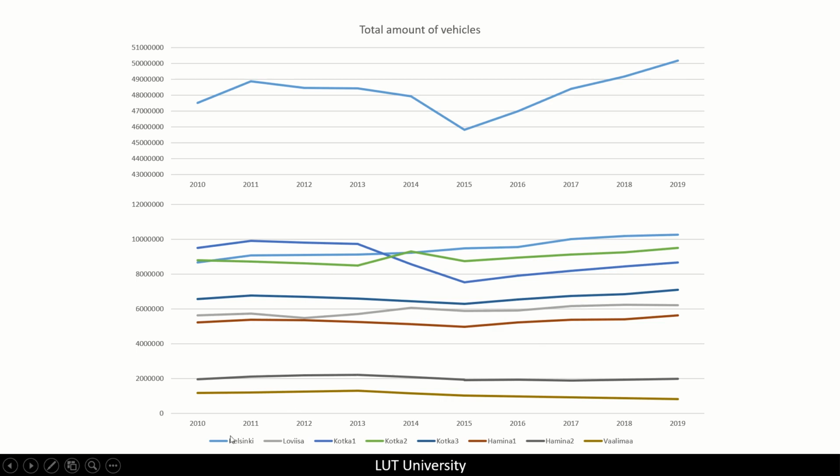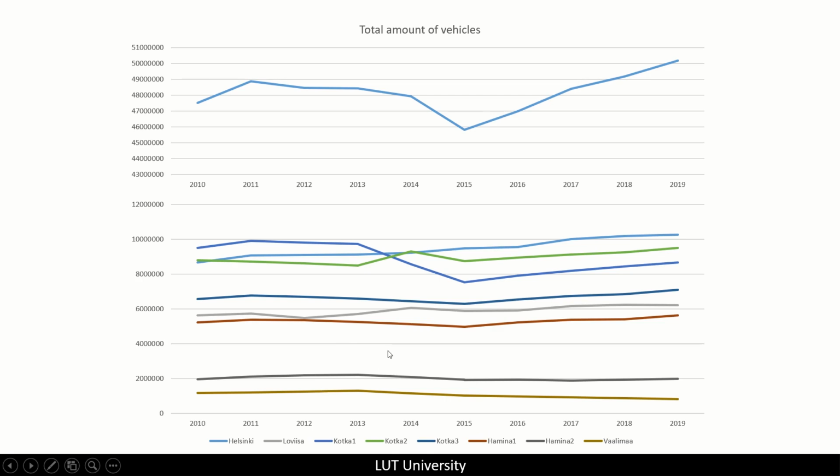Below, I have used 8 measurement points that are consistent throughout the decade. So it gives us an accurate picture of how in the different parts of the road the amounts have been developing.